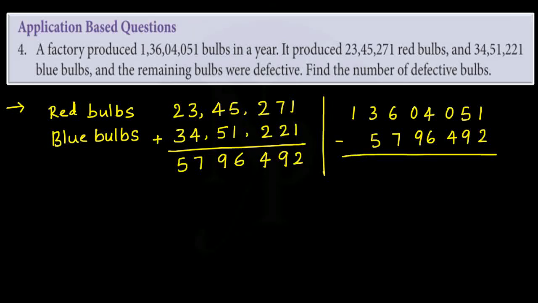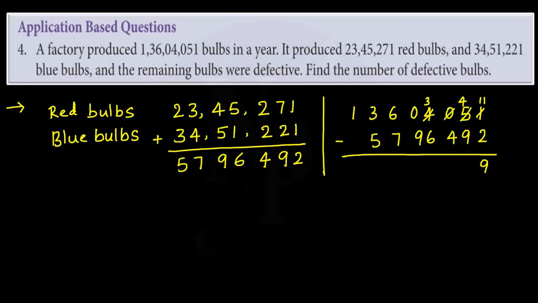For subtracting 2 from 1, we need to regroup, make this 4, and this will be 11. Subtract 2 from 11, you get 9. And for subtracting 9 from 4, you need to regroup. This is 0, so we will move to the next digit. This will be 3.